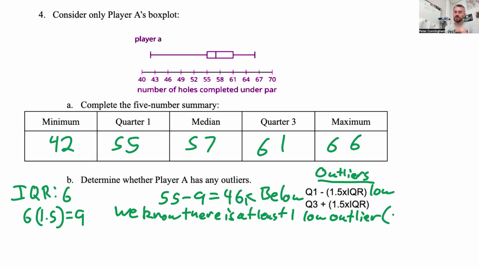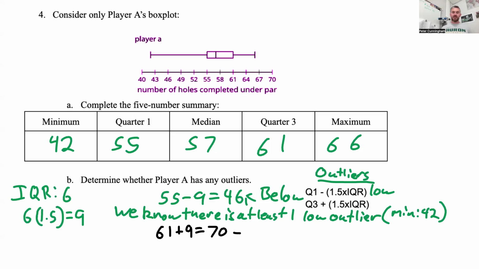That is the minimum, which is 42. Okay, let's switch colors for the high outlier just so we can determine it. All right, so to find a high outlier, let's do the same thing, but we're adding that number at the end here. So we're going to do 61 plus 9. 61 plus 9 is 70.